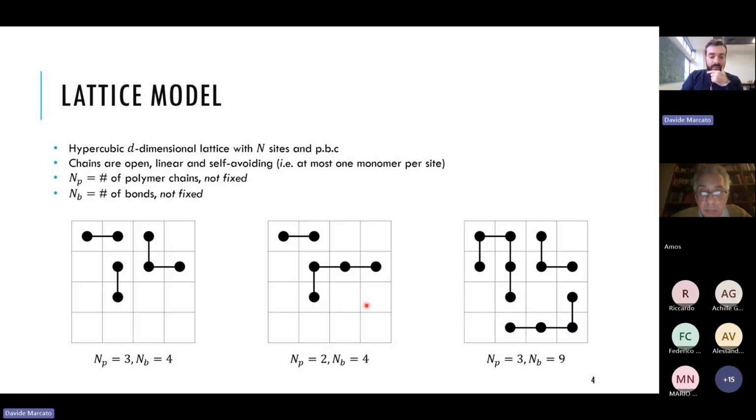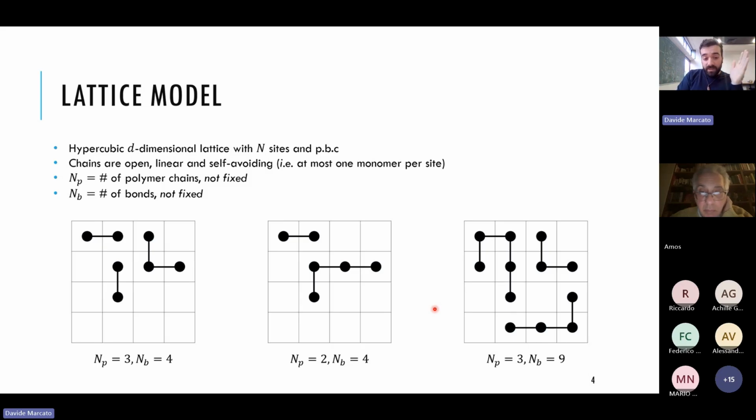On the second one here, you have the same number of bonds, but they are arranged differently, and so in total you have fewer chains. And instead here you always have 3 chains, but there are more bonds, and so on average the chains are longer. So we are considering the ensemble of all these possible configurations.